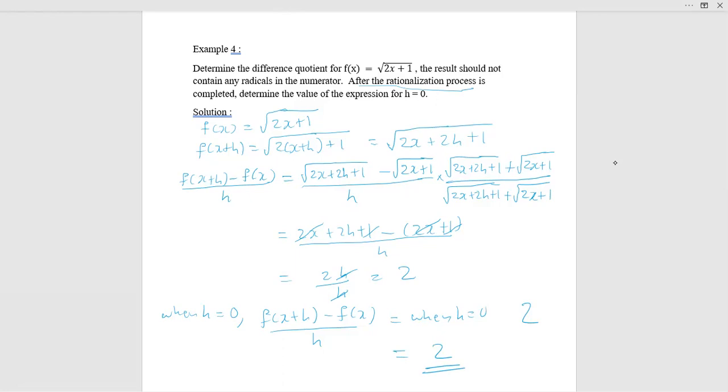Wait, here we forgot the second part of the denominator. This one, square root of 2x plus 2h plus 1, plus square root of 2x plus 1.